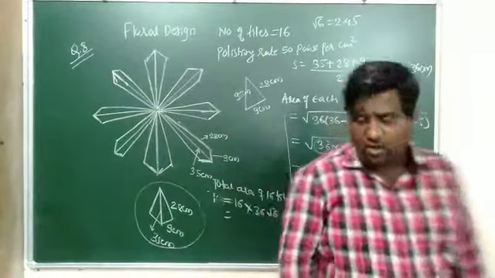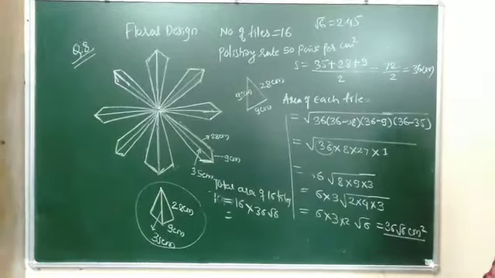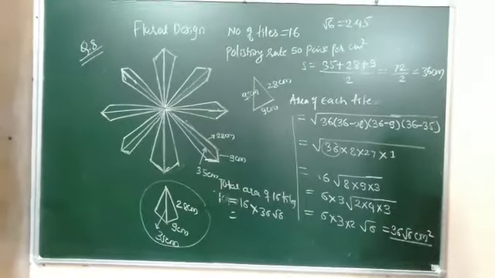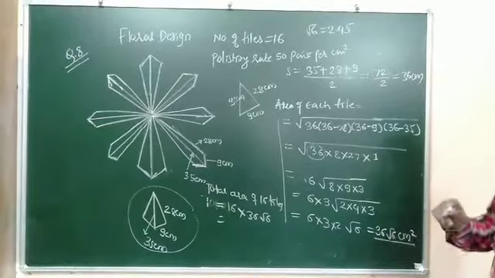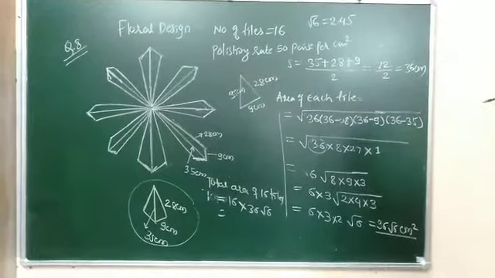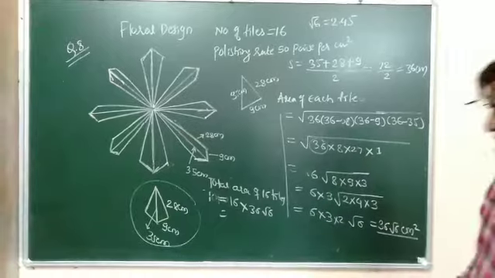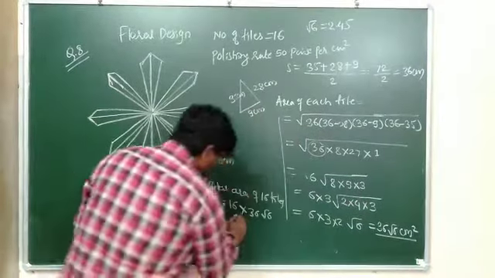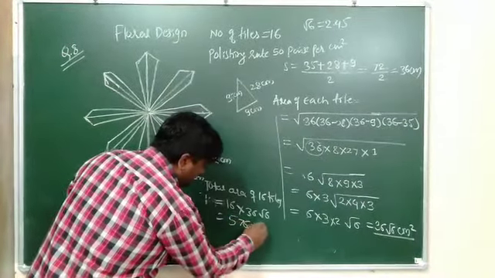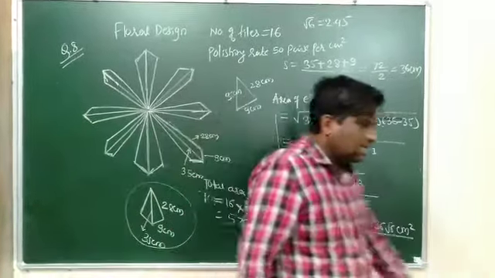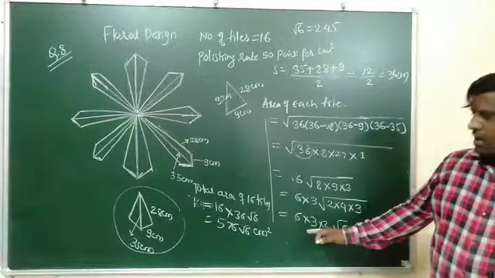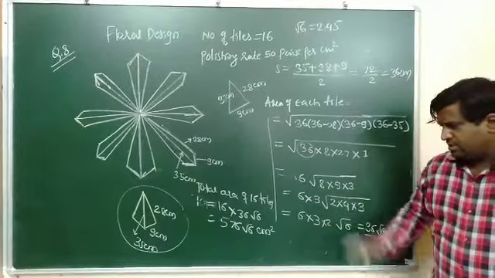The area of one tile is 36 root 6, and there are 16 such tiles. 36 into 16 comes around 576 root 6 centimeter square. So this gives the total area of 16 tiles.